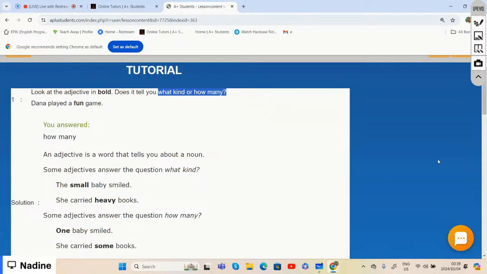And if we look at the sentence, Dana played a fun game. Remember, we said what kind is like describing the person. How many describes the things. How many things? So many, less, more.